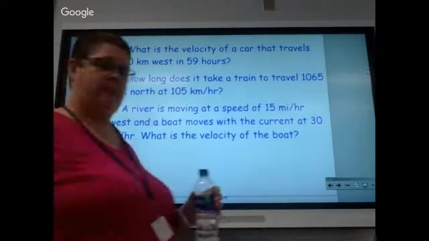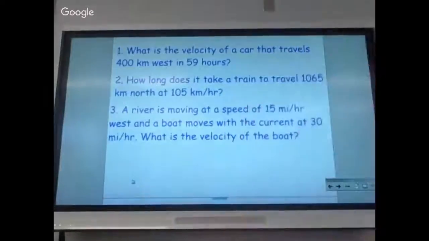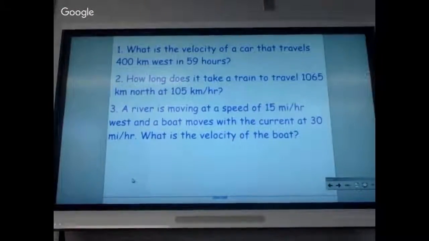We're doing those 3 word problems. Are you right? Put it back. I put it back. No, I took it. Okay.